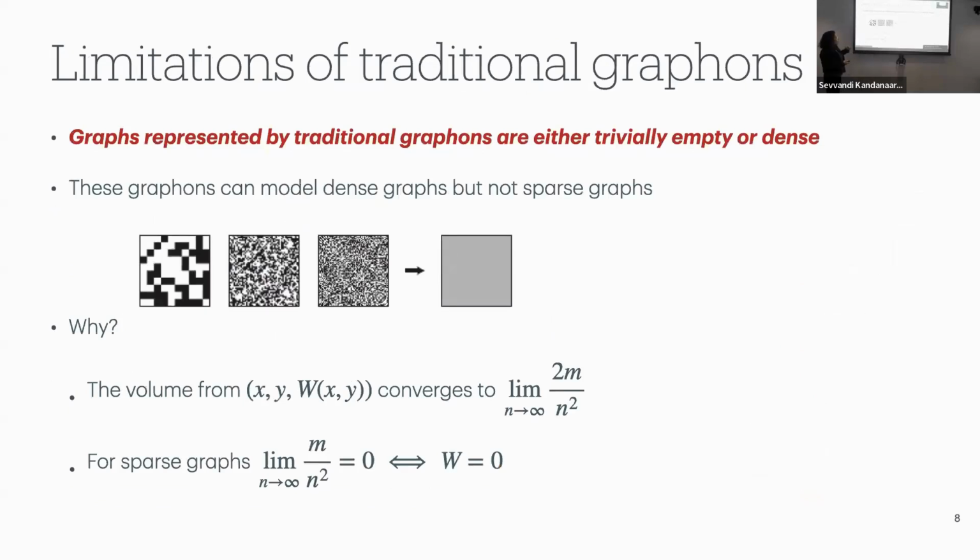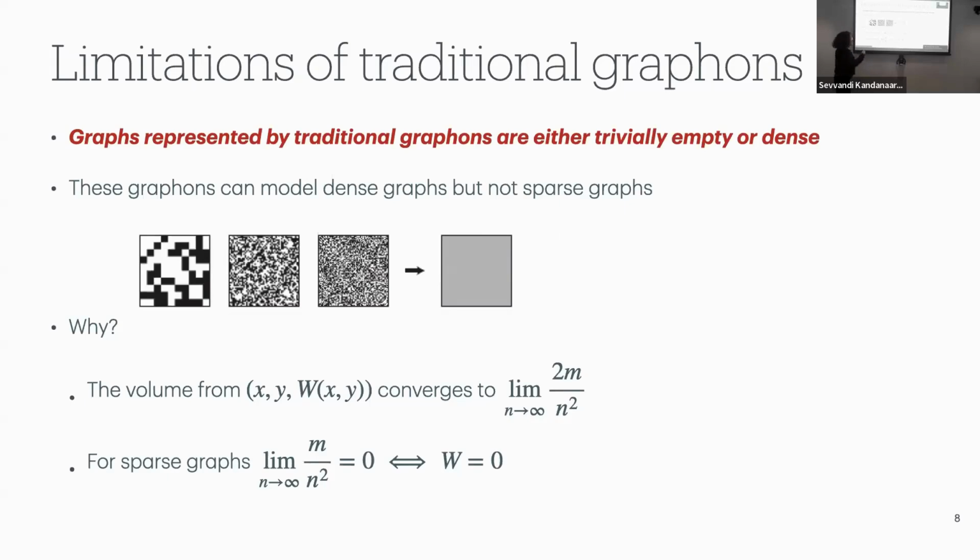One of the issues with traditional graphons is that graphs represented by them are either dense or trivially empty. That is, you cannot represent sparse graphs with these graphons. And why is that?